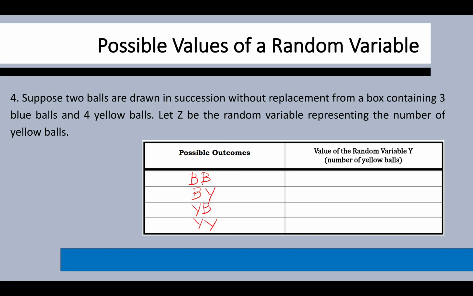So here's what we will do. We will rely on the possible outcomes and the given 3 blue balls and 4 yellow balls. On our first outcome, the first ball we get is blue. On our first draw, we have 3 possible blue balls to get.